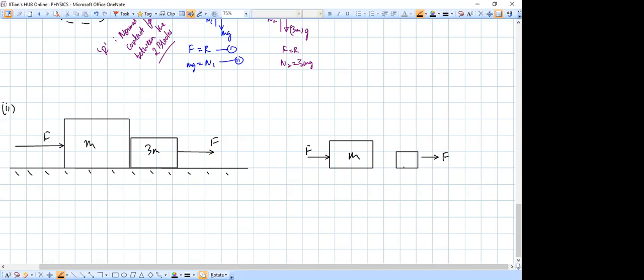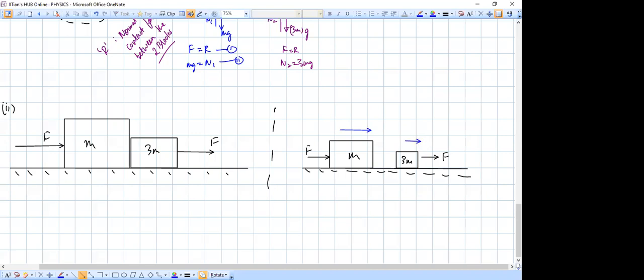Okay. If we assume that there is some gap between the blocks, suppose this was the case, then this one would have an acceleration a1 of F by m, whereas this one would have an acceleration a2 of F by 3m.